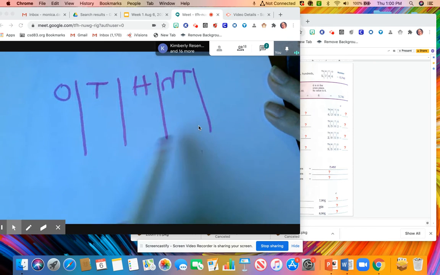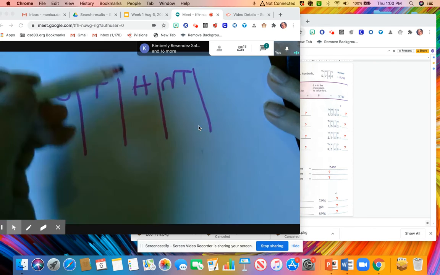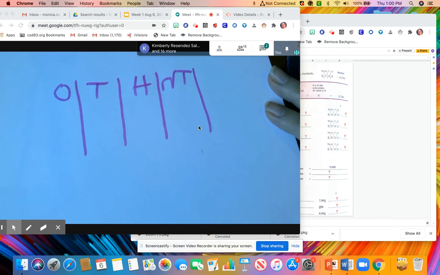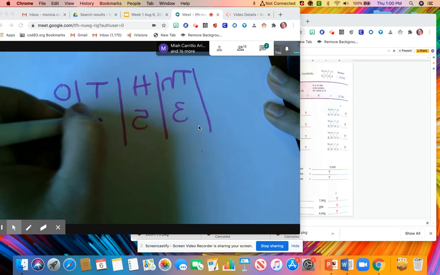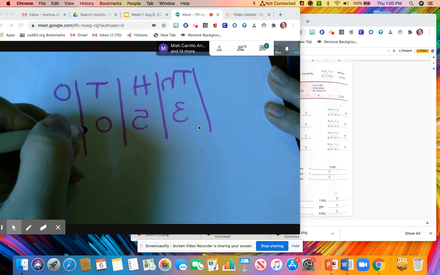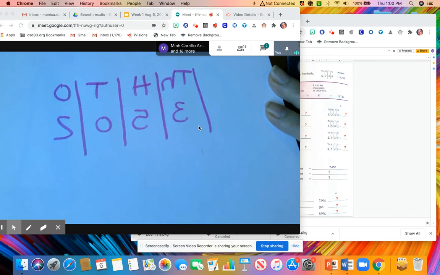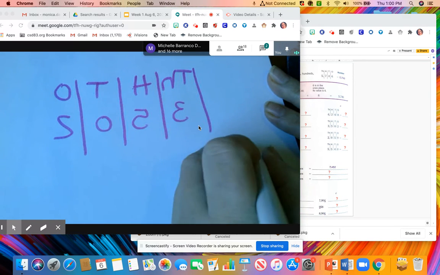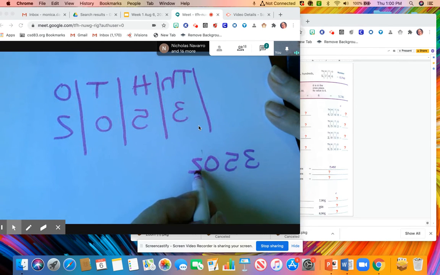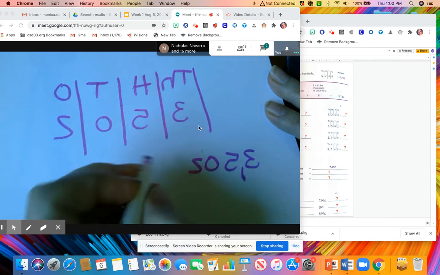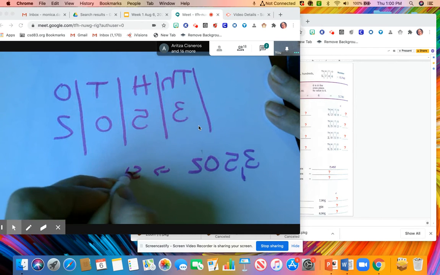They didn't make the entire big rectangle. They just made the columns. So if you see a question on the worksheet and it has this, and they told you to write it in standard form, they're just asking you to do what we just did. 1, 2, 3, comma. That's our standard form.